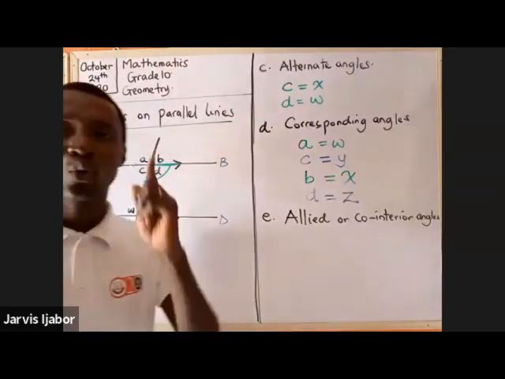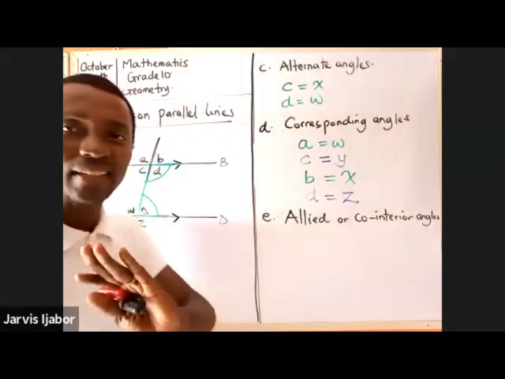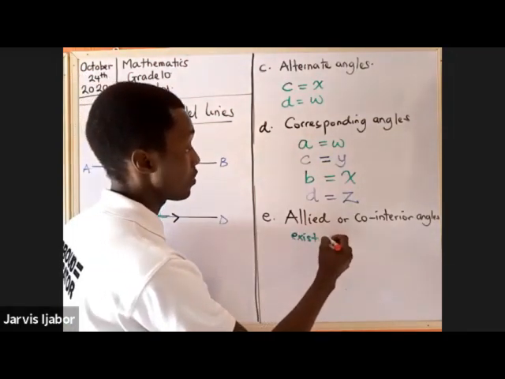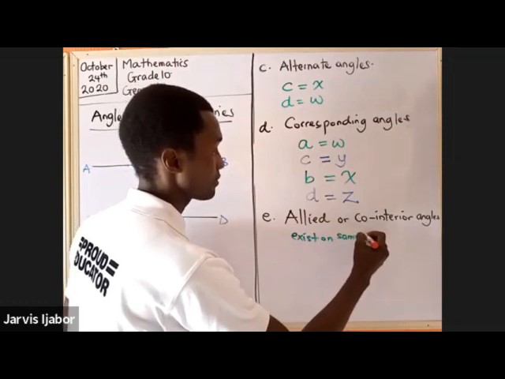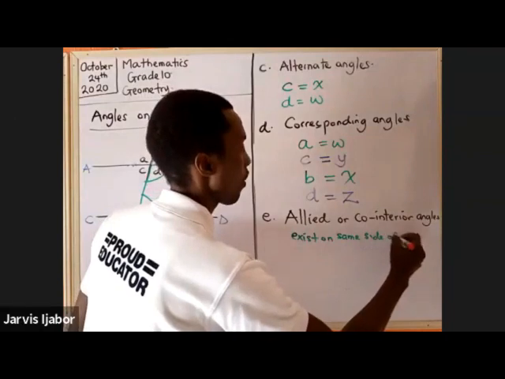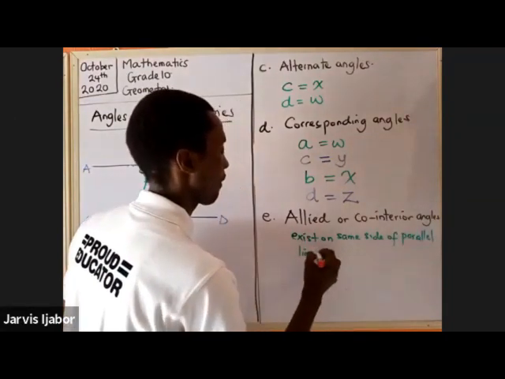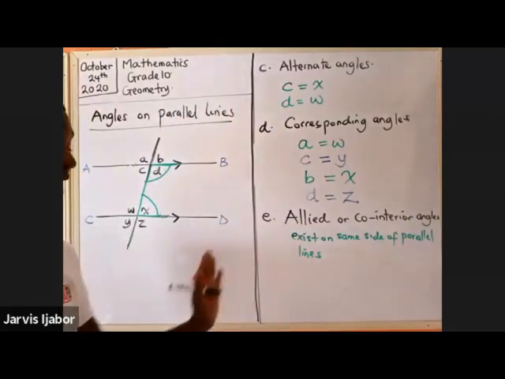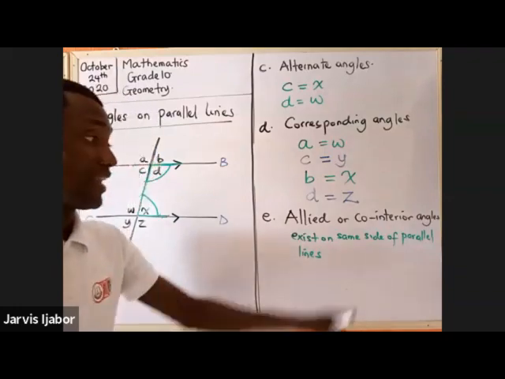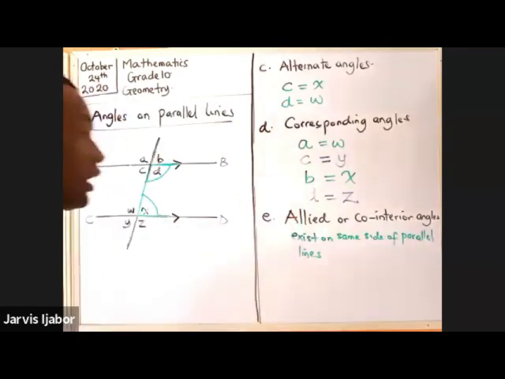So there must be rule number one: for allied or co-interior angles, the angles must exist on the same side of parallel lines. That's why the concept of co-interior, that is, they are inside the parallel lines.